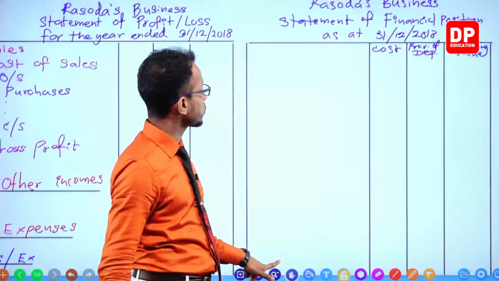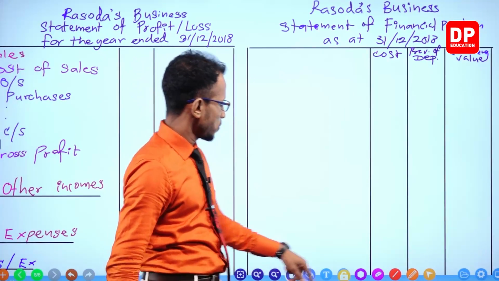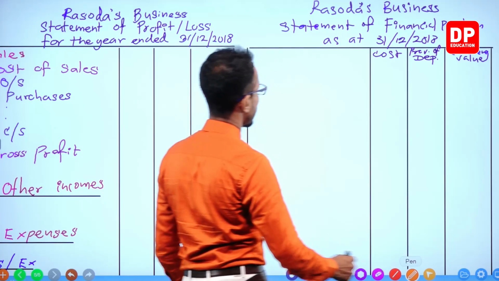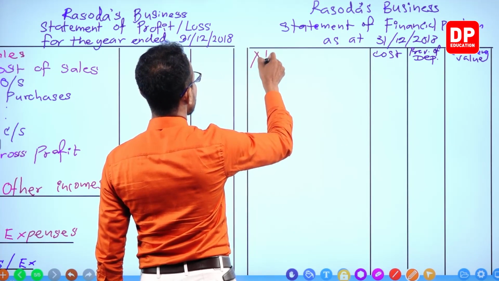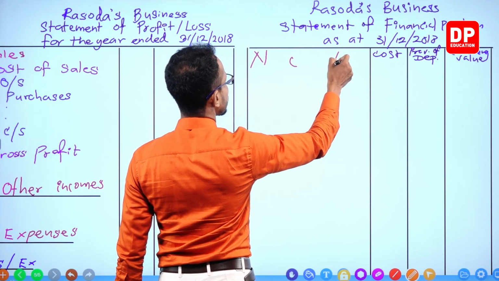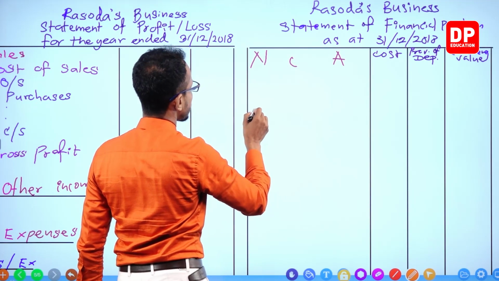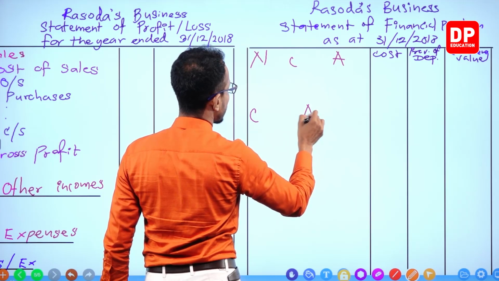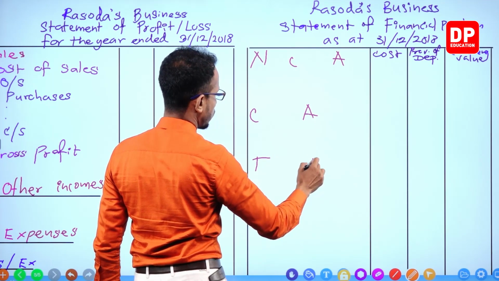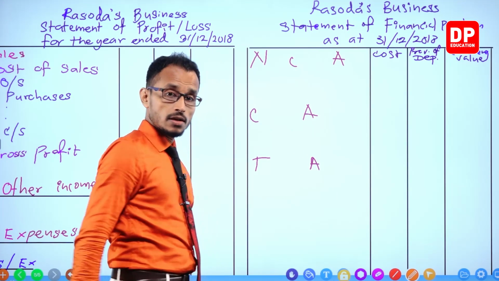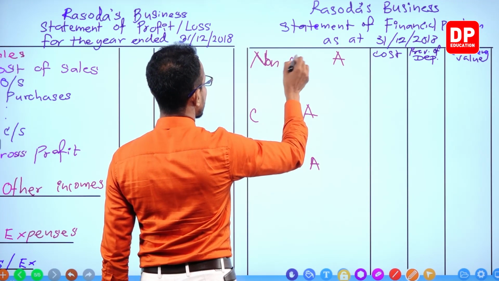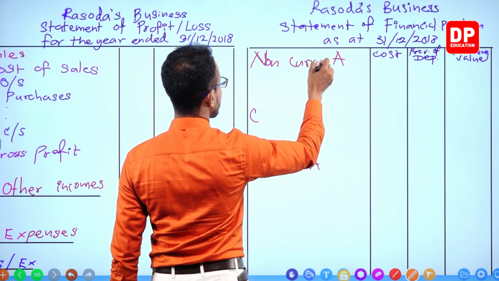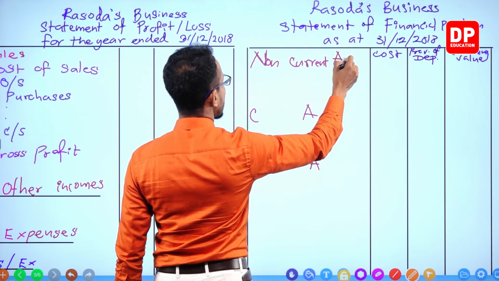Statement of financial position. To fill up this one: non-current assets, then current assets, then if you want, you can write total assets. So non-current assets on top.